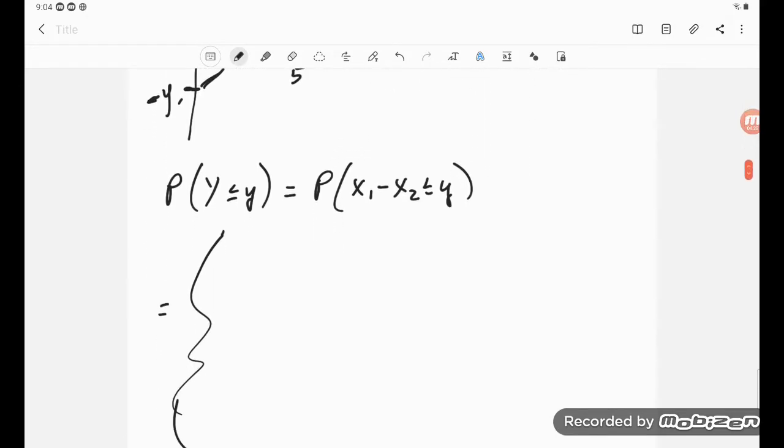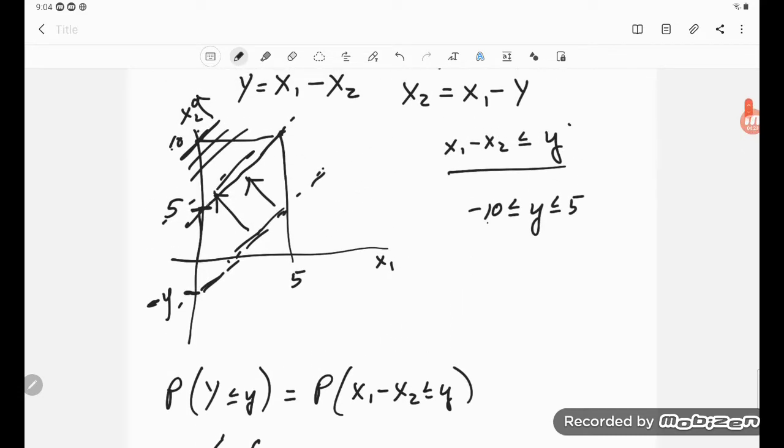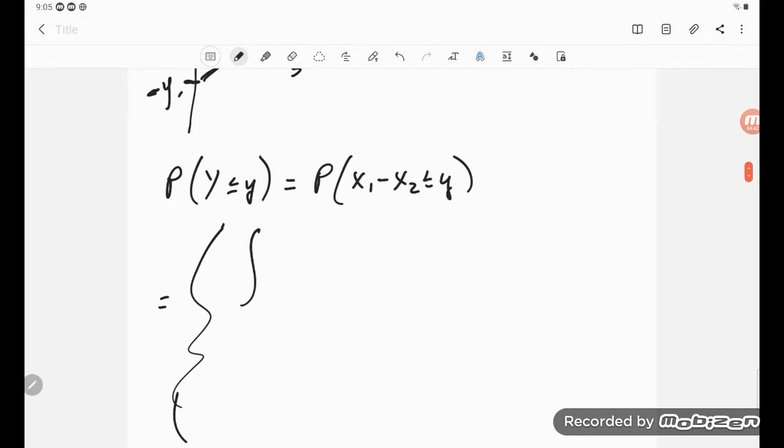How about that, Keaton? You're famous. And so, we're going to do an integral, and as we look at this, we see that x1 can go from 0 to 5, but x2, if I look here, goes from our x1 minus y up to 10.